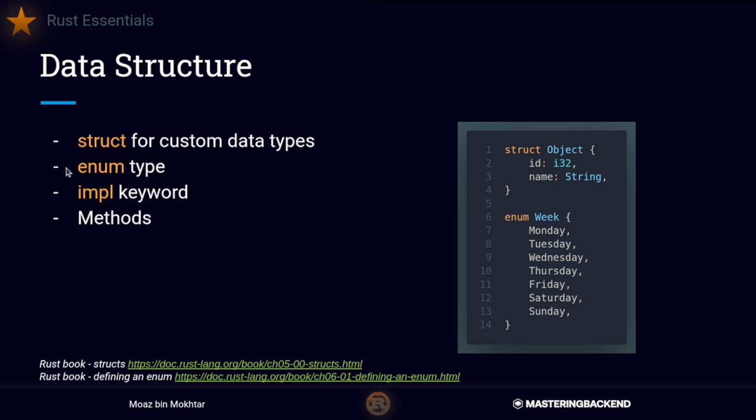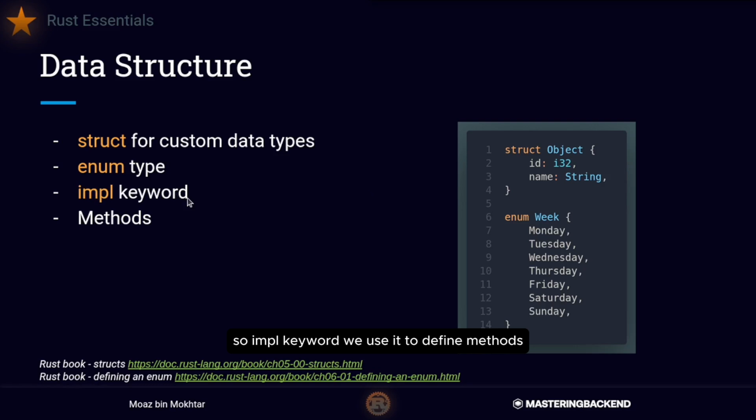The enum provides a way to define a type by enumerating possible variants. It's useful when a value can be one of several different kinds. Regarding the impl keyword, you can use it to add functions related to a struct or an enum, or also a trait, but we will come to traits later.